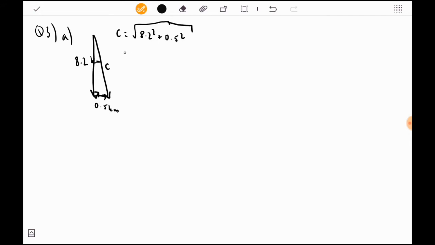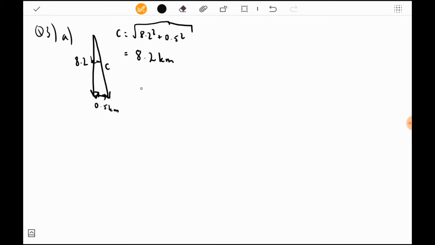And so that is equal to actually 8.2 kilometers. So we see here we are only given this to two significant figures. So it's actually 8.22 or 8.21, something like that. But because we're only given it to two significant figures, we just have to write 8.2 kilometers.